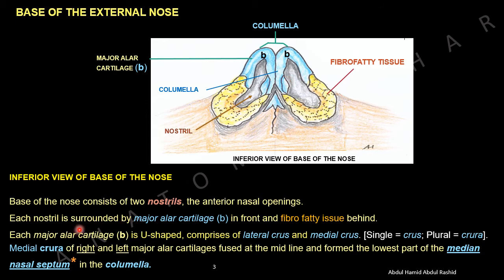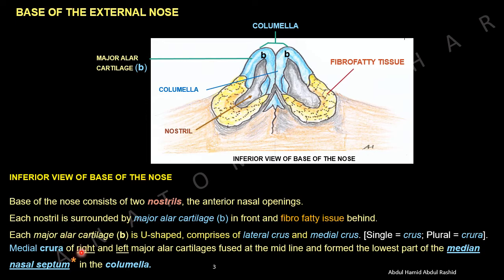Each nostril is surrounded by the major alar cartilage in front and fibrofatty tissue behind. Each major alar cartilage is U-shaped, consists of lateral crus and medial crus. Singular is called crus, plural is called crura.